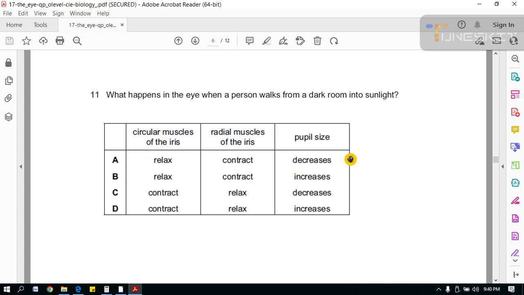First we have to establish what change occurs in the iris and the pupil. What would be the size of the pupil when you go outside into the bright light? Pupil size.